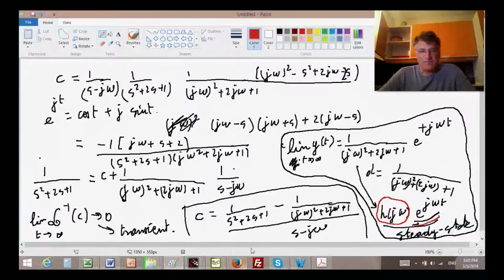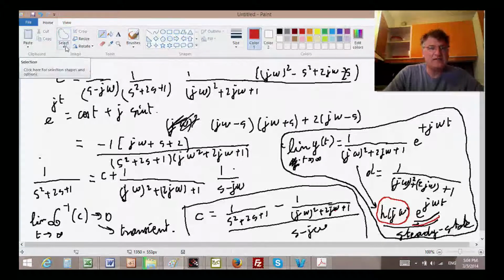For example, we have several mechanical cases where the excitation of the system is periodic. One of them could be, and is covered in the book, a system with imbalance.